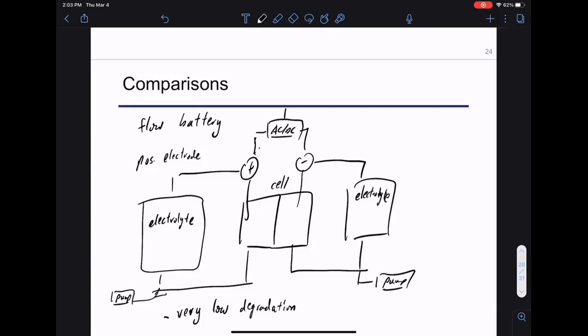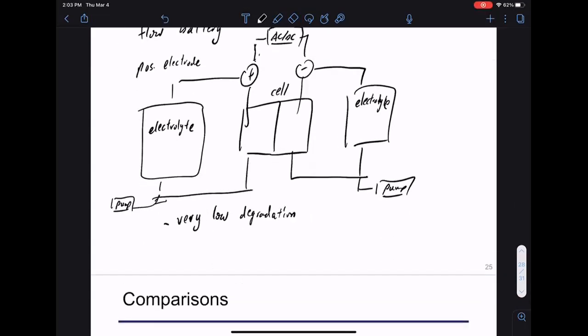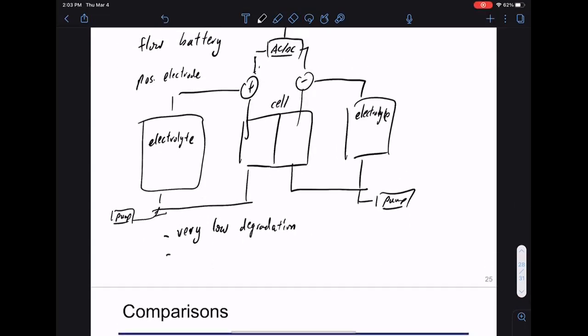The capacity does not drop as you use the battery. I think chemically the reason is that everything here is easily reversible, so there's no permanent buildup of defects and things like that. The drawback of this is the power rating.